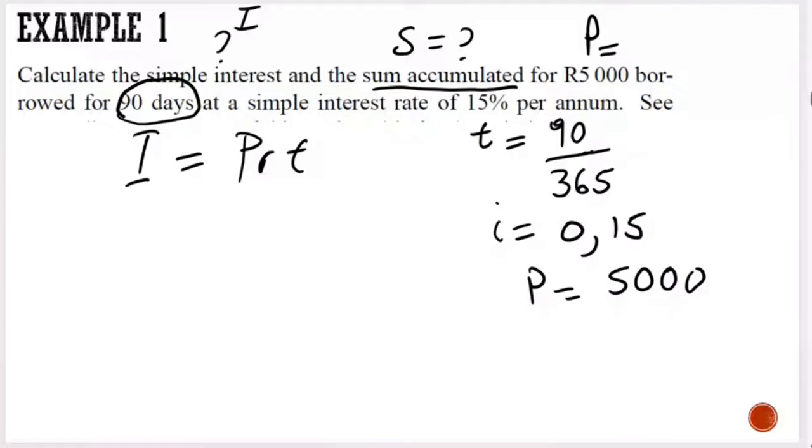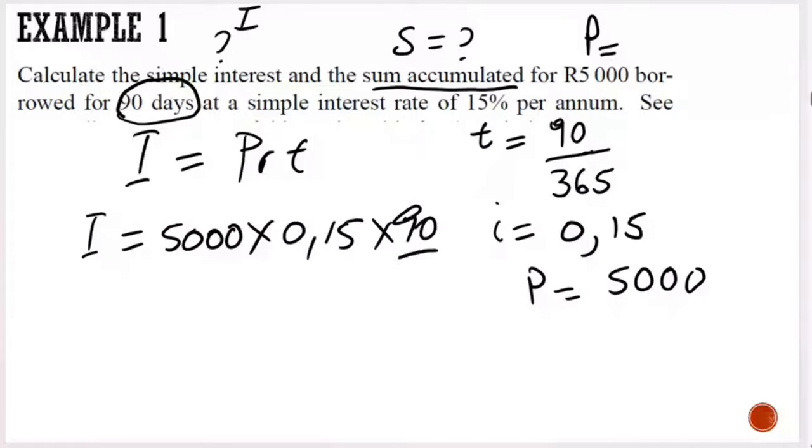So now that you've got all of your components, you plug everything into your calculator. So your interest is equal to 5,000 multiplied by 0.15 multiplied by 90 over 365.